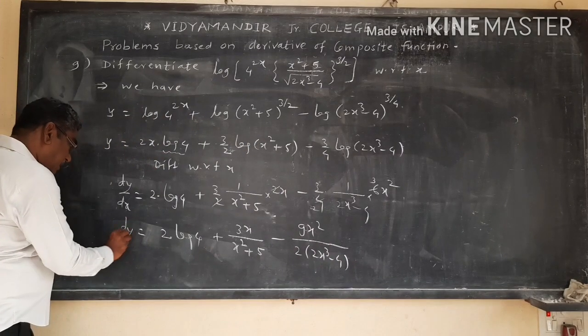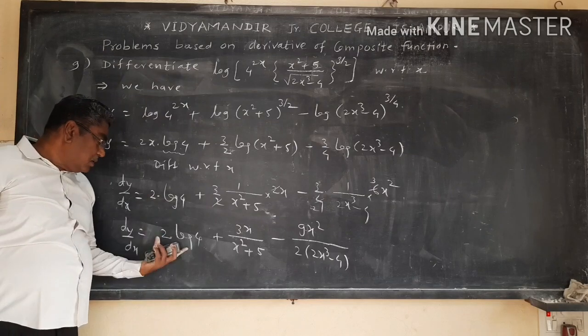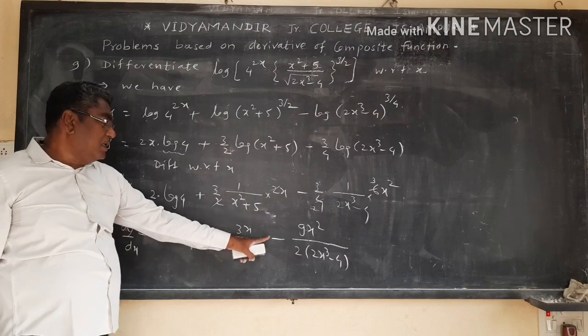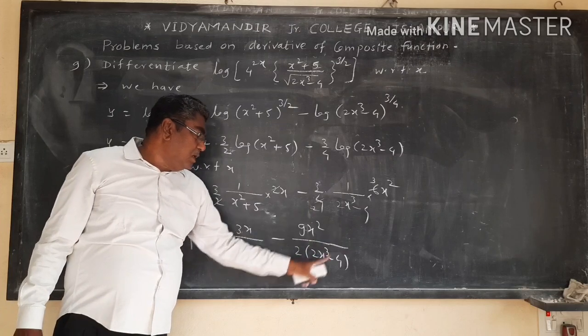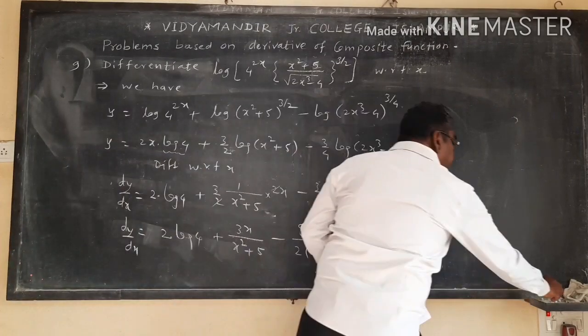So dy by dx is equal to 2 log 4, 2 cancels, 3x upon x square plus 5 minus 9x square upon 2 into 2x cube minus 4. This is the answer. Next problem.